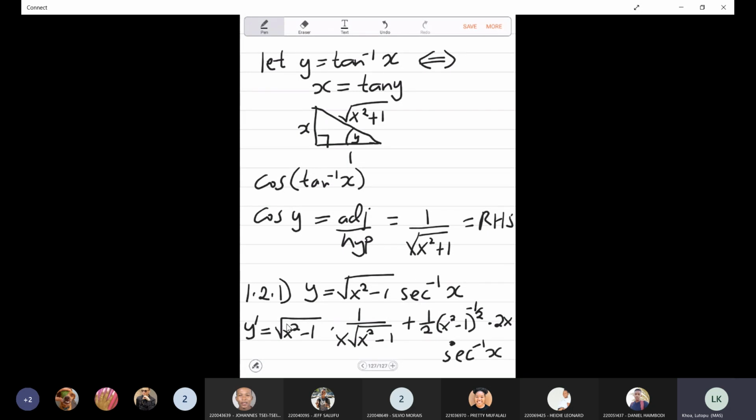So we can see some terms will cancel. This square root of x squared minus 1 and square root of x squared minus 1 there will cancel. So here I'll be left with 1 over x. Over here, only the 2's can cancel, so half times 2, those 2 can cancel. And then everything else, we will write it the way it is, cannot simplify it any further.